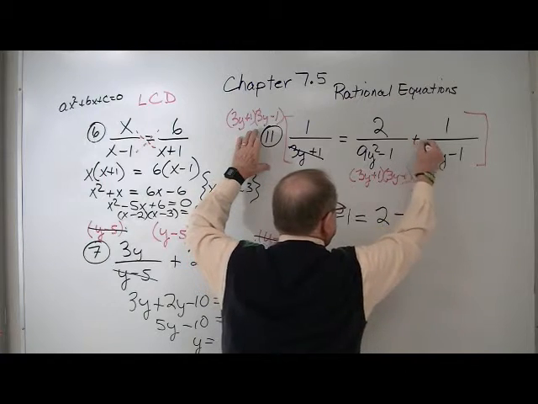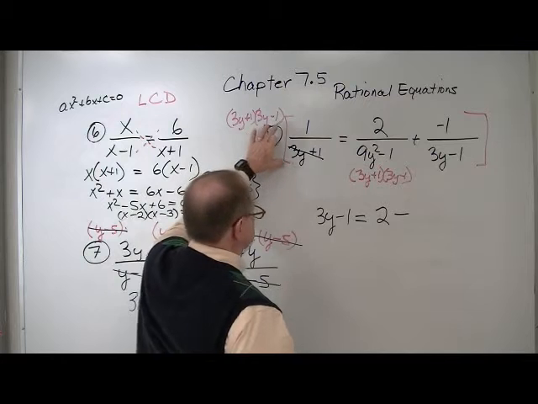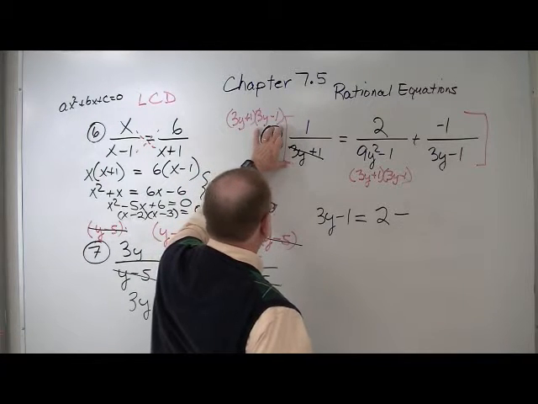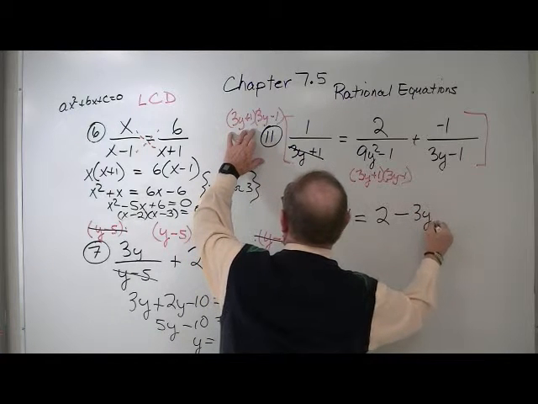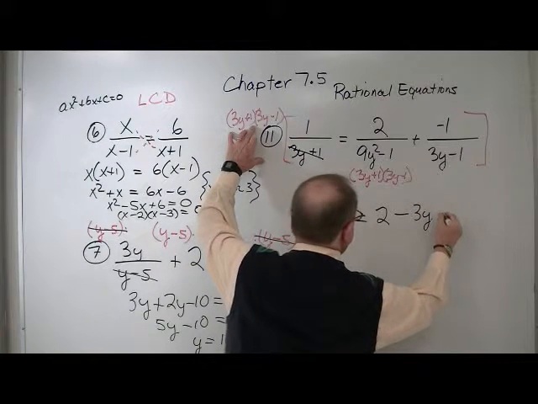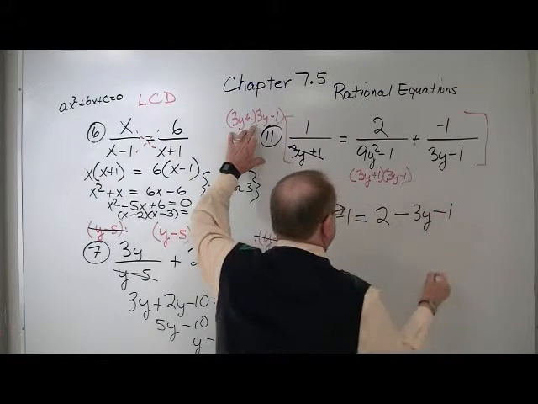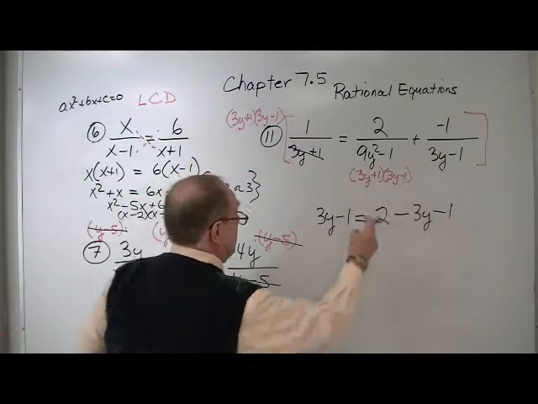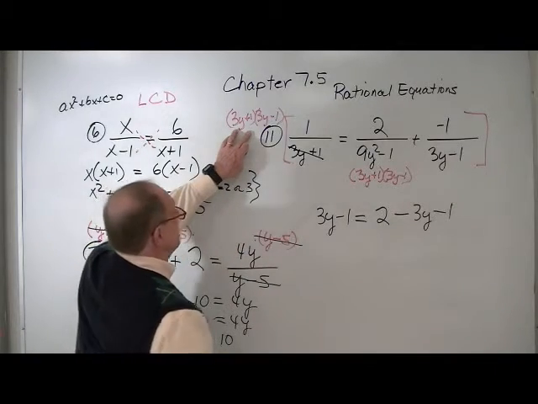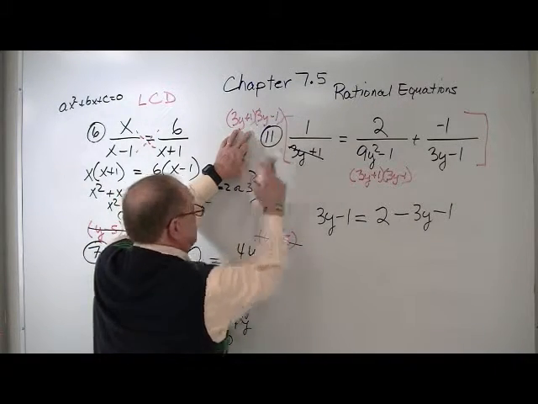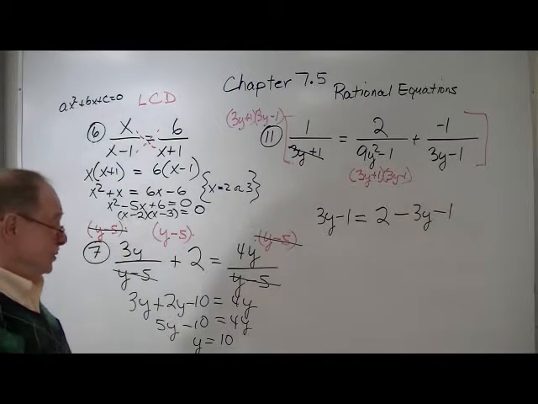Now again, this was plus, so let's put the minus there. And then it becomes a minus 1 times this, which will be a negative 3y minus 1. So we're multiplying a minus 1 times this term here. So this becomes a negative 3y and a negative 1. Okay. Never hurts to check your work.